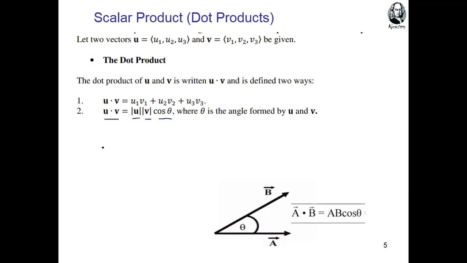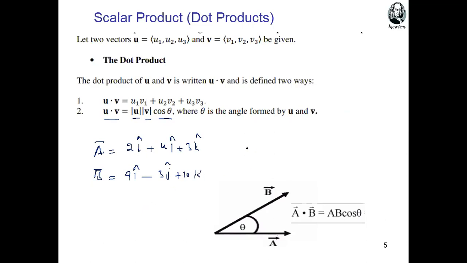When just two vectors are given, like vector a and vector b, without direction, without the angle, like we have, for example, 2i plus 4j plus 3k. Second vector, for example, 9i minus, let's suppose, 3j, and 10k.